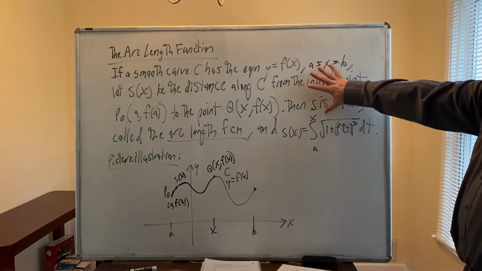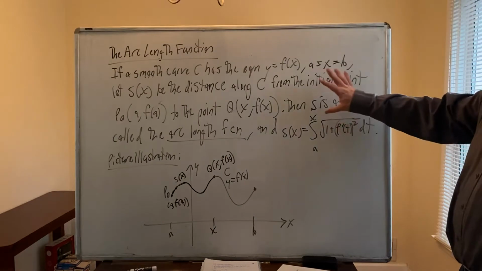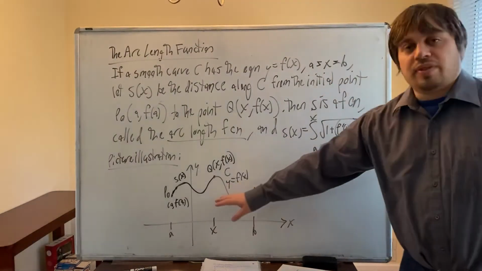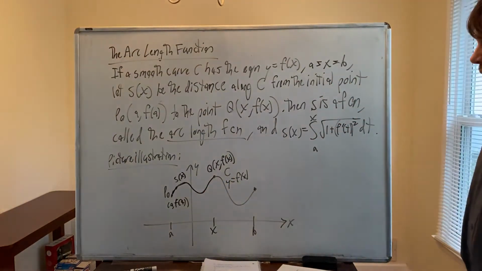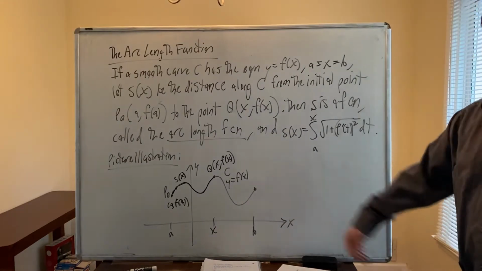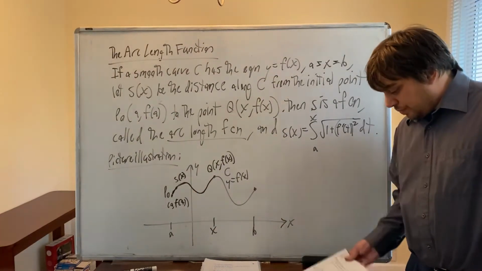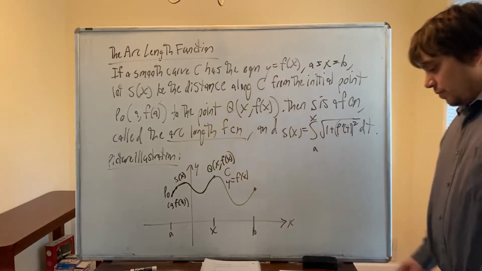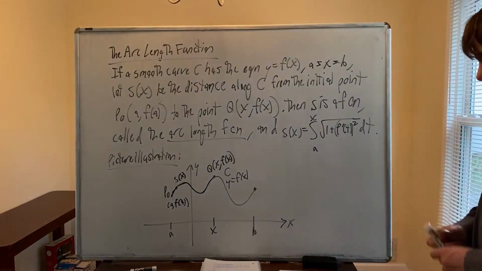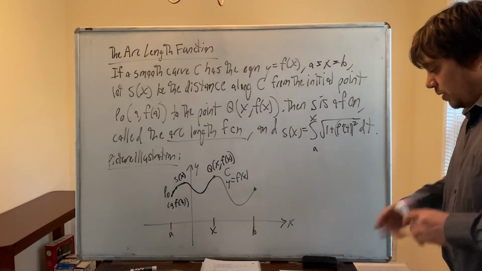If you read it like this, it can be a little hard to understand. If you see a picture of it, I think it's very easy to see what it's doing. Okay, let's keep going.